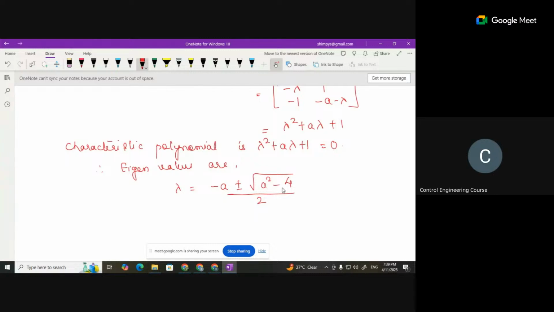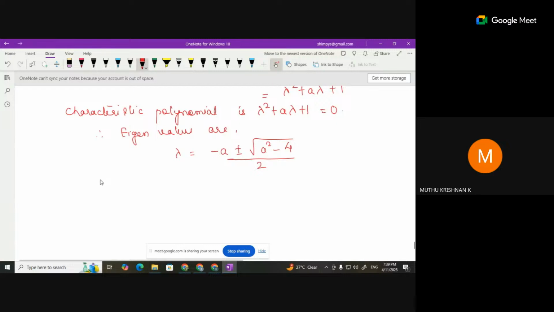So we have three conditions here. The first condition is if a square minus 4 is greater than 0, then we have real and distinct eigenvalues.